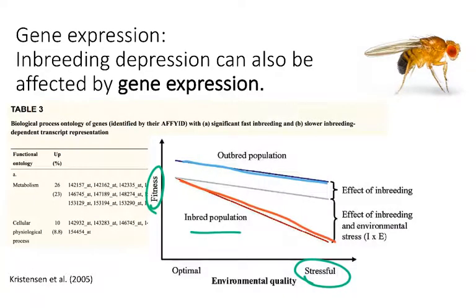Under these normal conditions, the inbred population already has a reduction in fitness. But when you also put that inbred population into a surrounding stressful environment, that difference becomes even larger because now you have this interaction. When you're put in a stressful environment, that difference in terms of gene expression, where the inbred populations are upregulating those stress response genes, is even larger.